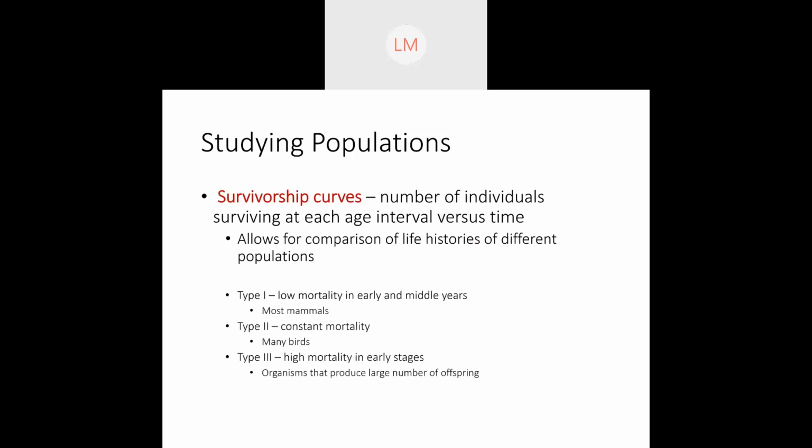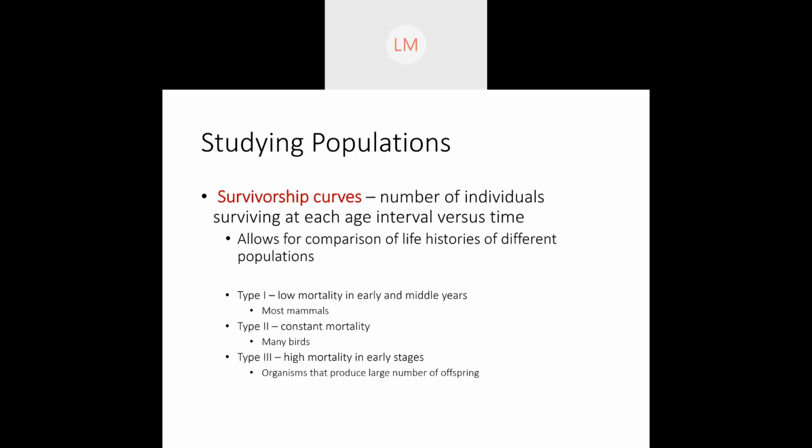There are 3 types of survivorship curves, type 1, 2, and 3. In a type 1 curve, we have a very low mortality in the early years and middle years. This is going to be most mammals, and humans are included in this as well. We have very low mortality in the early and middle years of life, and then as we get older, mortality starts to increase.